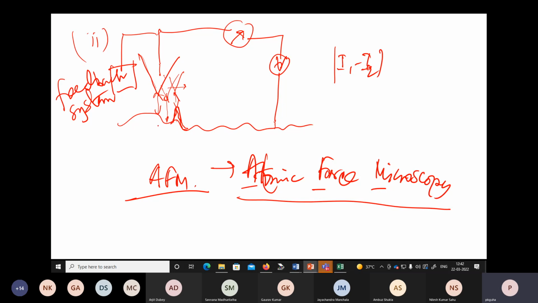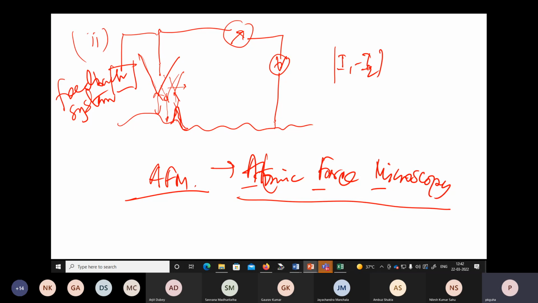This is more fundamental, because you are measuring the atomic force that exists between the tip of this probe and the nanosurface.